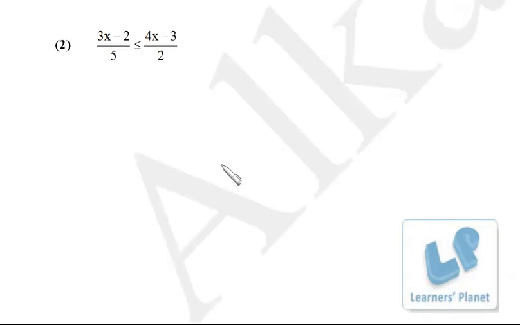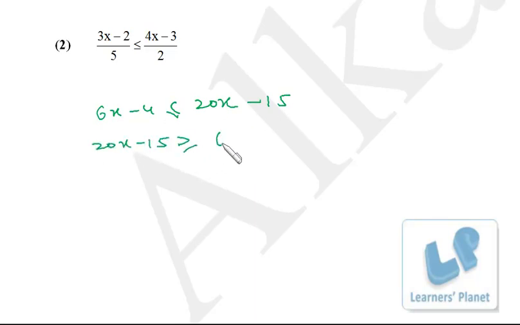See this, there is no expression in the denominator that involves x or a variable, so you can go for the cross multiplication. So 6x minus 4 is less than equal to 20x minus 15. That means 20x minus 15 is greater than equal to 6x minus 4, right?